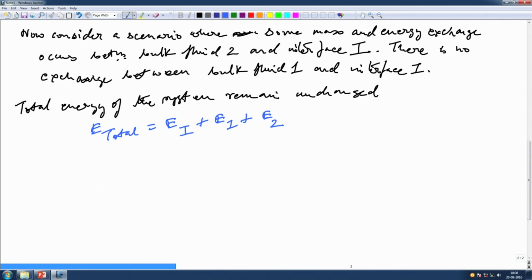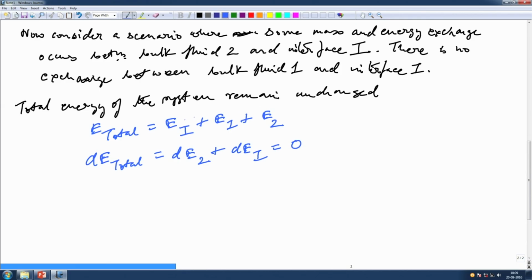Now, because of the exchange between bulk fluid 2 and the interface I, the energy at 1 is held constant. Therefore, any change in the total energy, which is of course equal to 0, is brought about by a change in the energy of 2 plus the corresponding change in EI, and that is equal to 0, right. The concept here is very simple.